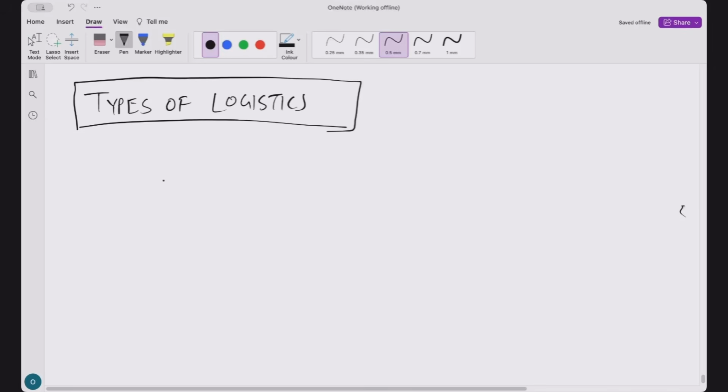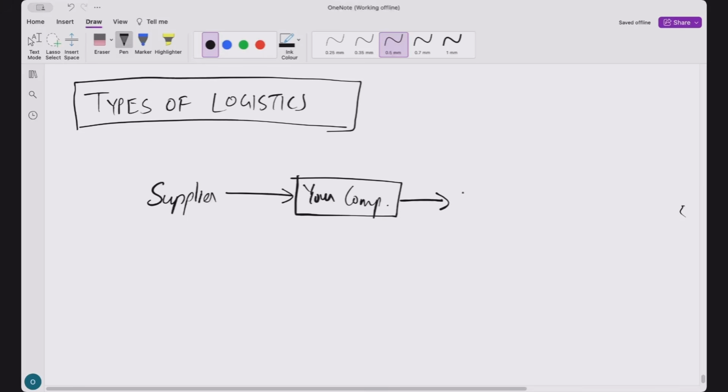If you are a company, you will have a supplier. The supplier will supply to your company, and then after production, you will sell to the customer.